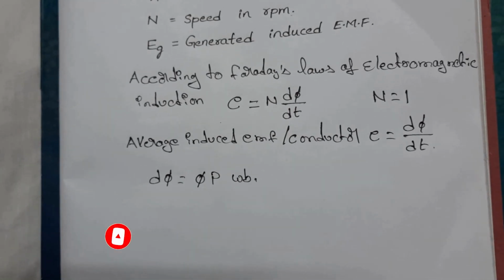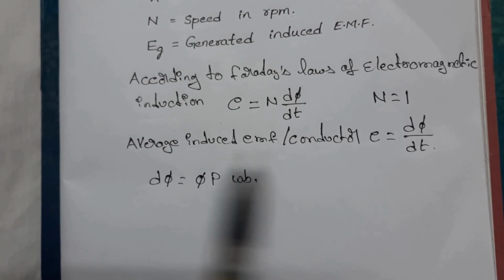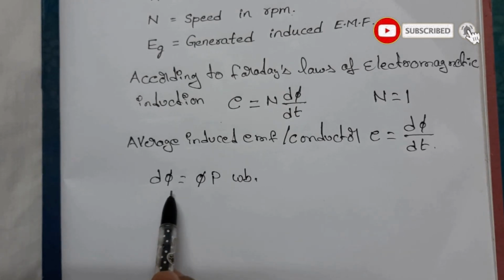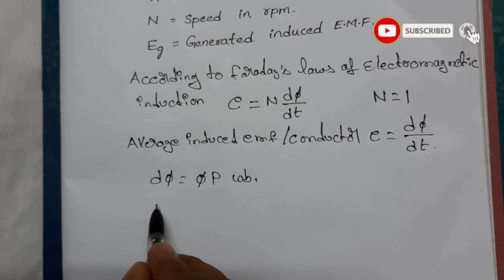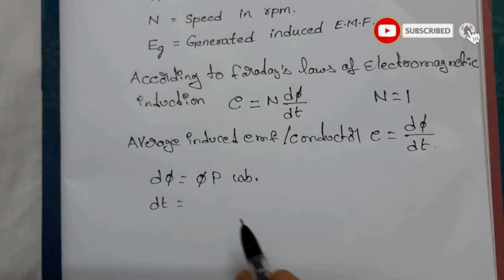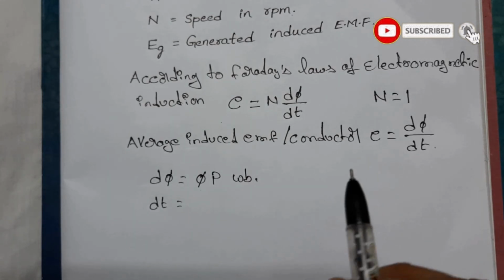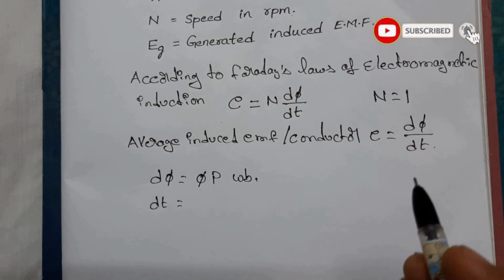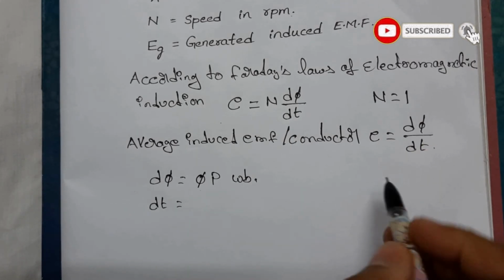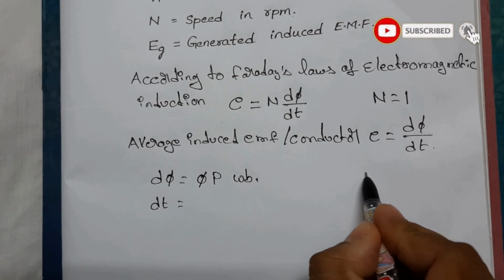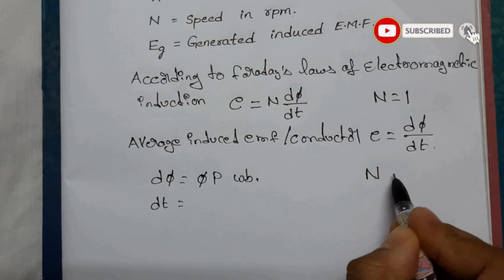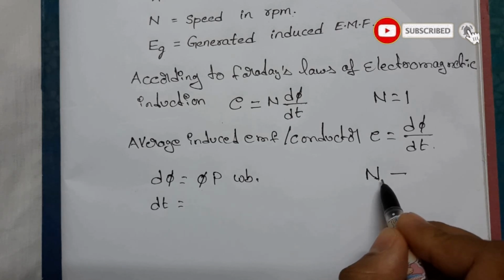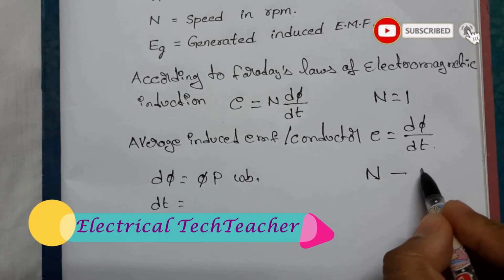Change in flux means, when one conductor completes one revolution, how much flux is cut by the conductor. Change in time dt is the time for one revolution. One conductor makes N revolutions in 1 minute, that is RPM, revolutions per minute.